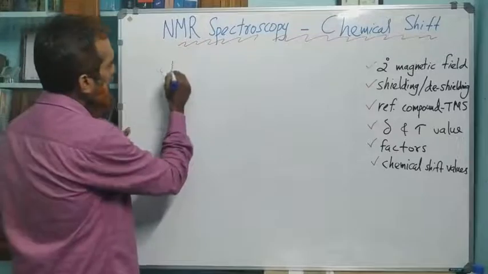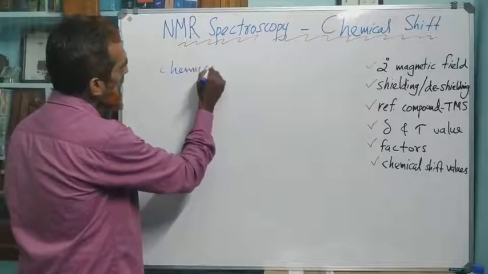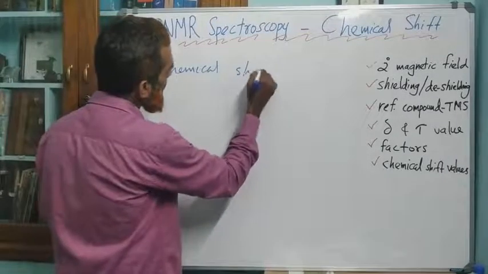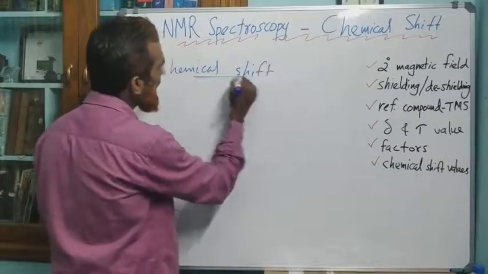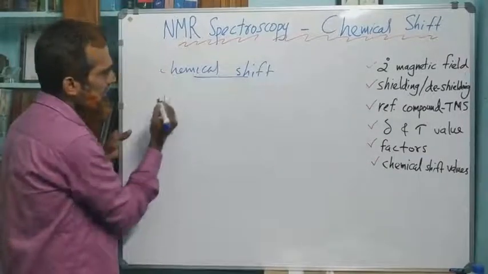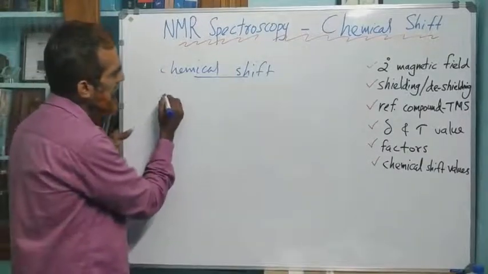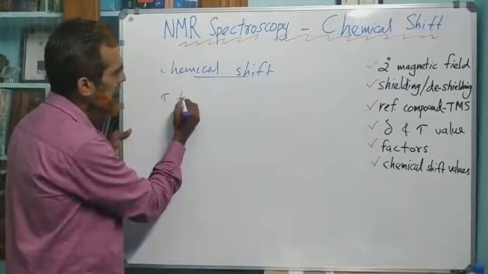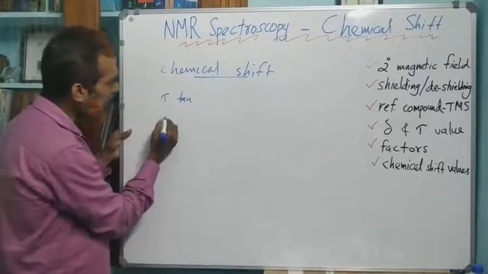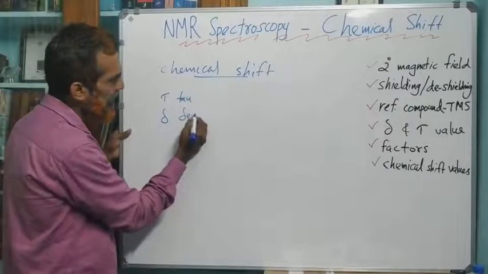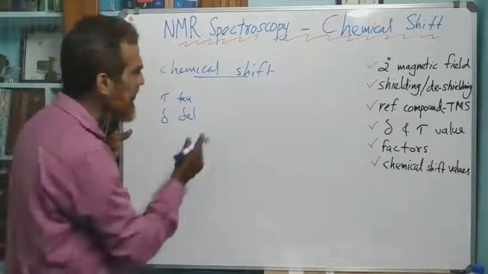Now, representing chemical shift value. Earlier, the symbol used for chemical shift was tau, and now it is delta.